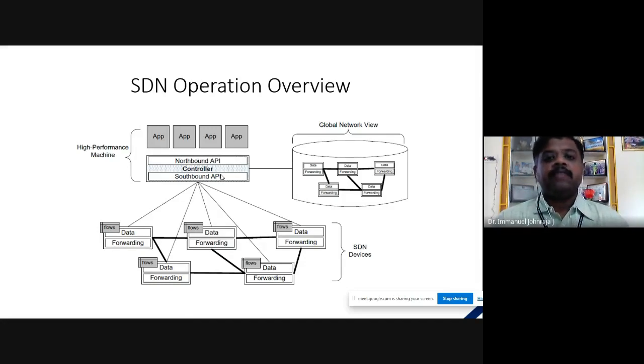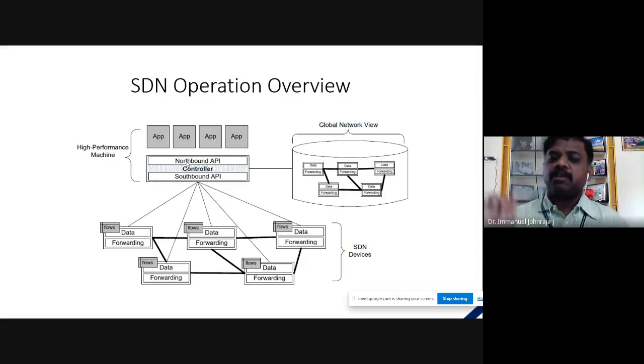All your applications could be hypervisors or network related applications. Don't think these applications are OSI application layer applications. No, these are the networking applications which are running along with the controller. So there is a single dedicated controller.